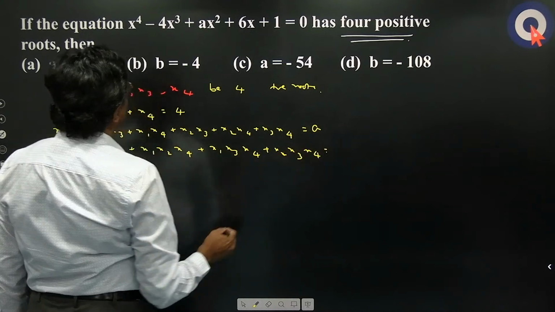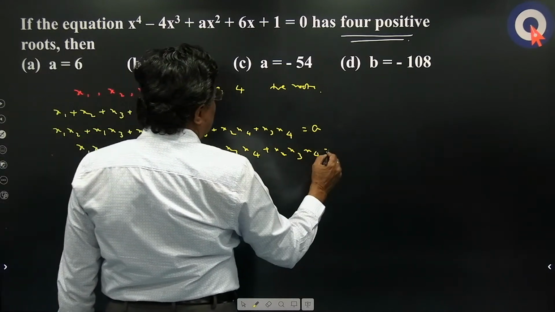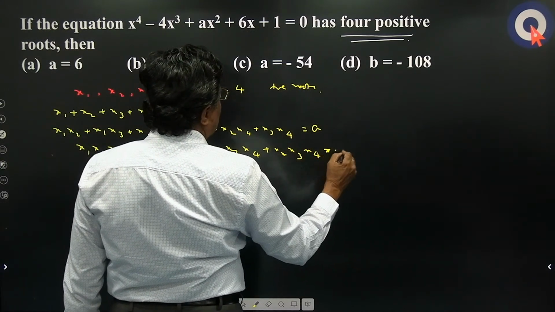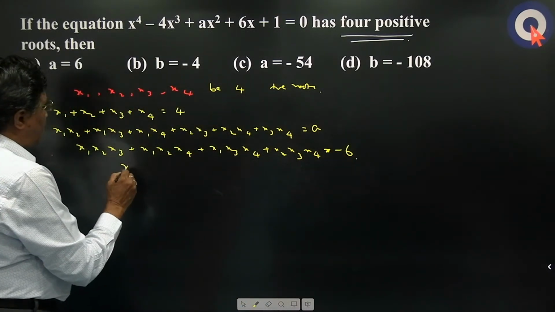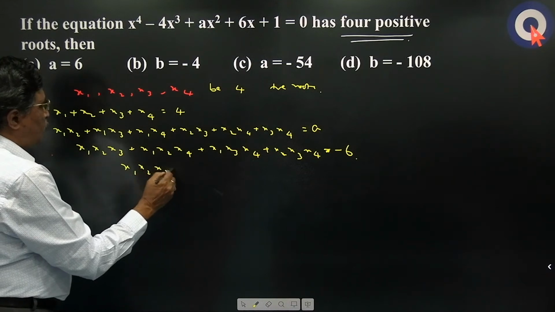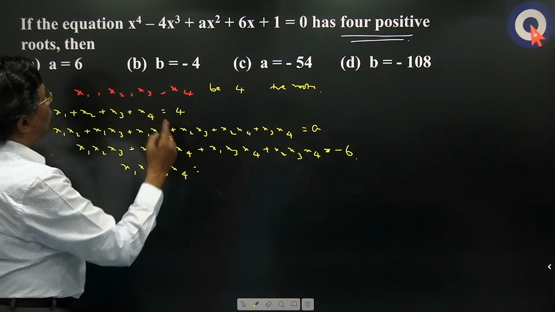So this is minus 6, and the product of the roots x1 x2 x3 x4 is equal to 1.